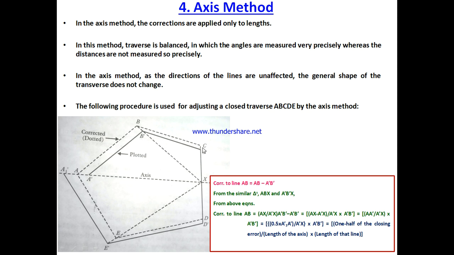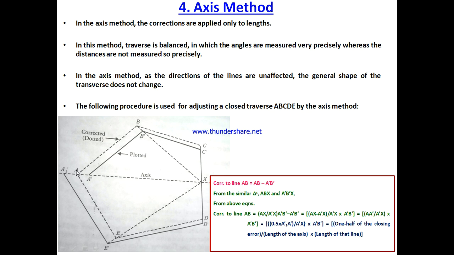So now we are getting C point. Now we will try to plot a new point E. For that, we will draw a line parallel to A1 dash E dash.